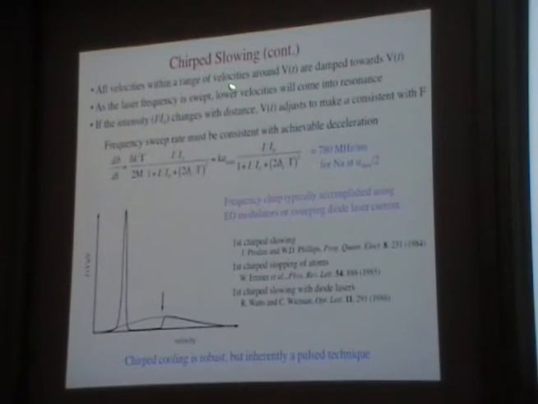So all velocities within a range around v prime are damped towards that velocity. And as the laser frequency is swept, lower and lower velocities will come into resonance. And in addition, if the intensity changes with distance, the velocity will adjust itself to always give you the constant acceleration that you desire in this process.